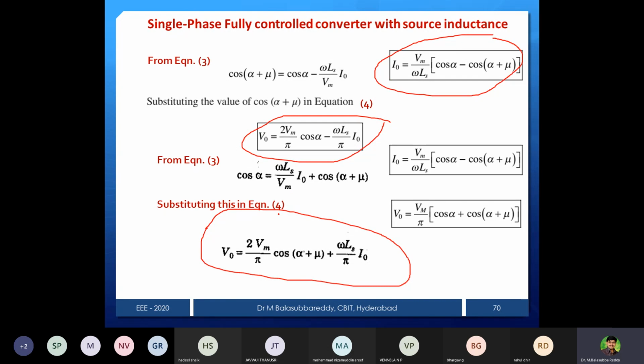They may give the load current and the firing angle, and ask what the output voltage is, or they may give the load current and ask what the overlap angle is, and in that case you can easily find it using this expression. Depending on our requirement, you choose among these three formulas, only three formulas in this derivation.